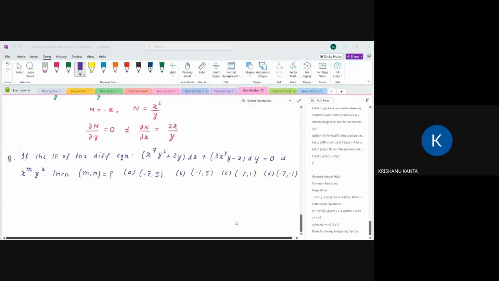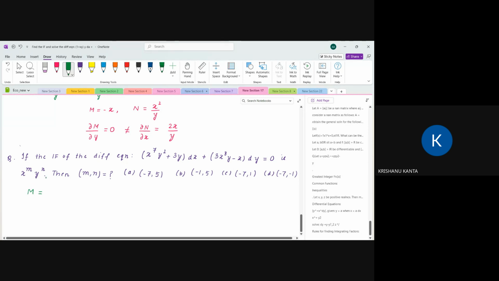We will just try to establish the equation by doing that del m by del y equal to del n by del x, because to solve it, it has to be exact. Correct. So what is your m and n in this case? What is your m and n? What is m?